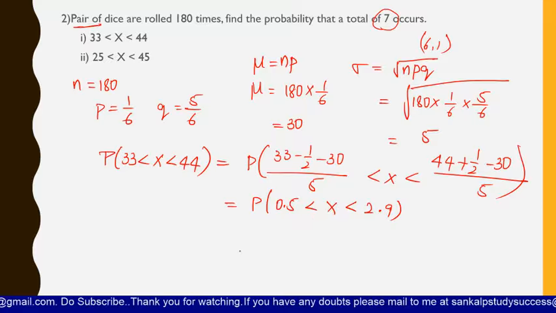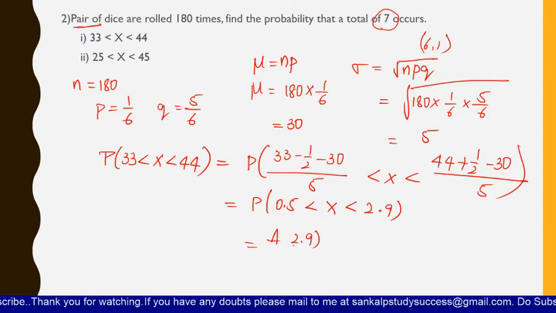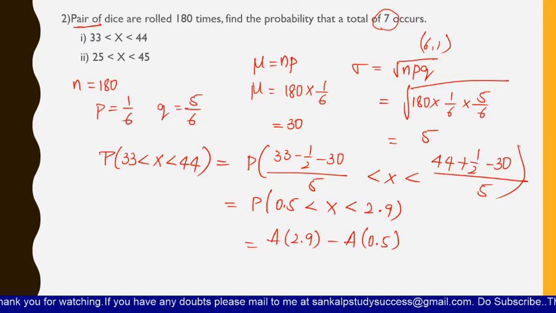Now what do we do? It is of the first form and the signs of both are same. That means you will just subtract the area of 2.9 minus the area of 0.5. We will subtract this. The values you will get from the Z distribution table.